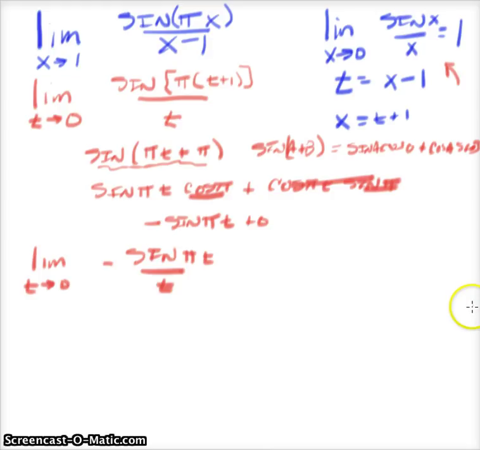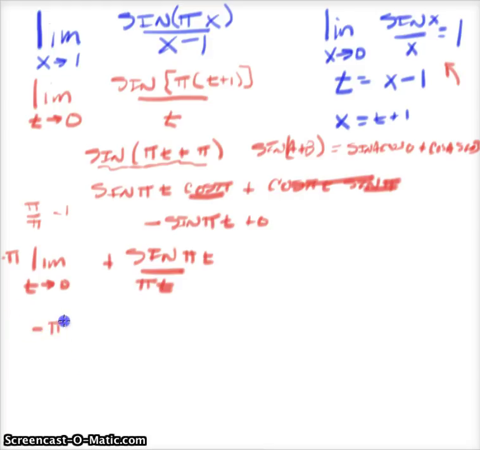What we would like to do is get rid of this minus sign, and we're going to need pi t at the bottom. So if I put a pi here, I'll have to put a pi out here, because pi over pi is 1, okay? And also I have a minus sign here, so if I change that to a plus, I'd have to put a negative sign out here in the front. So let's rewrite that.